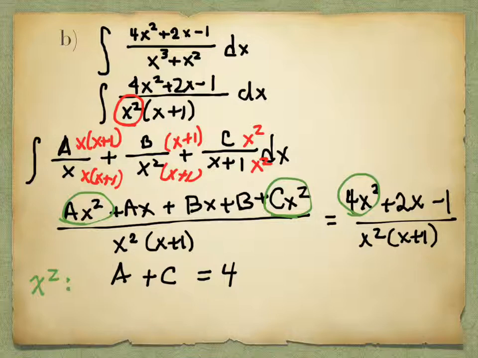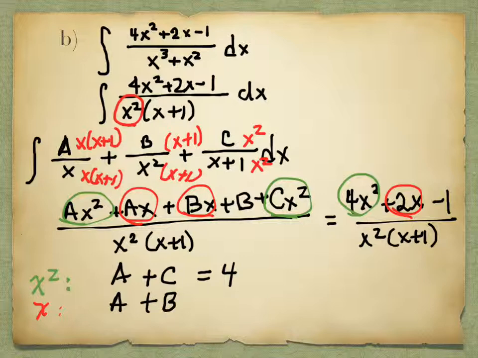We're going to do the same thing then with the x terms. So my x terms. Okay, so what do we have on the left-hand side? A plus b, and then this is going to equal 2.